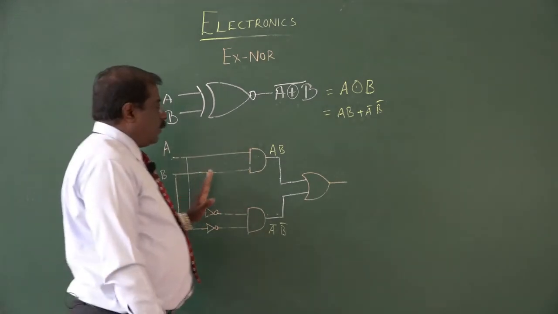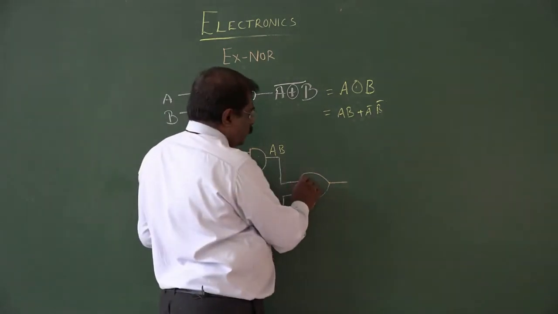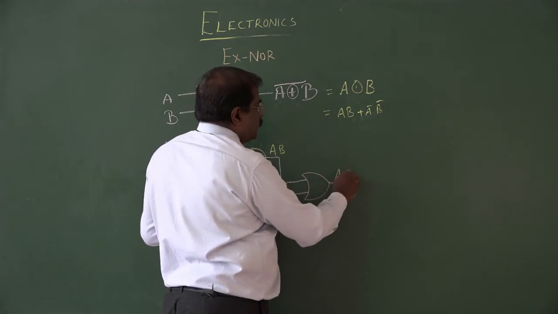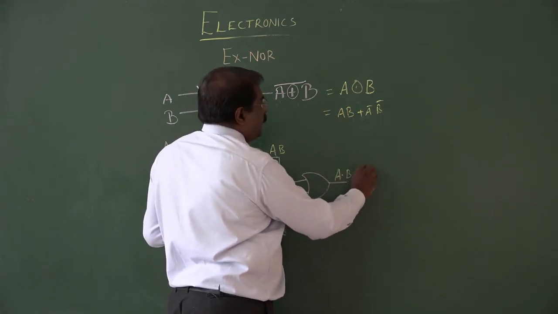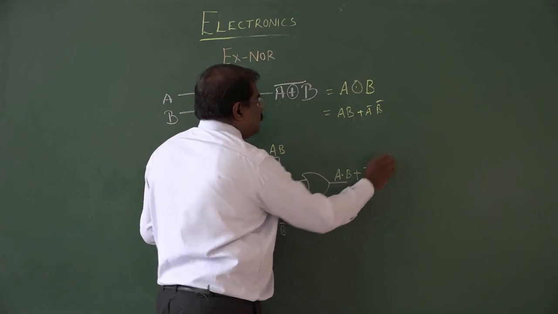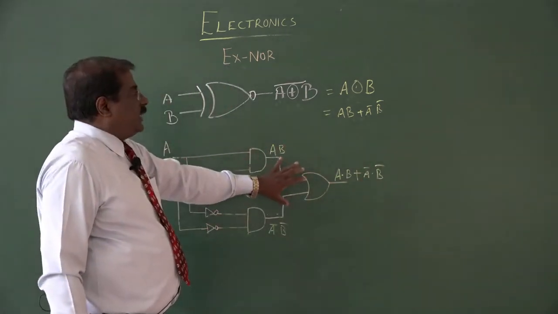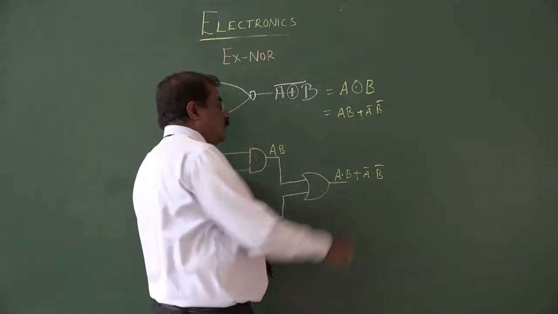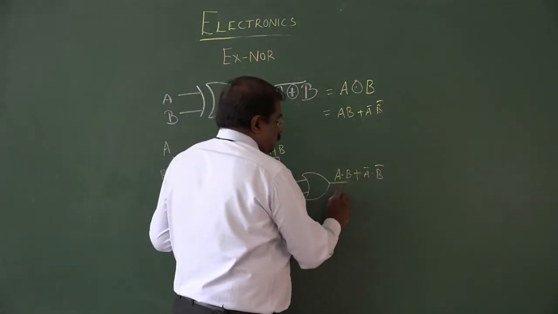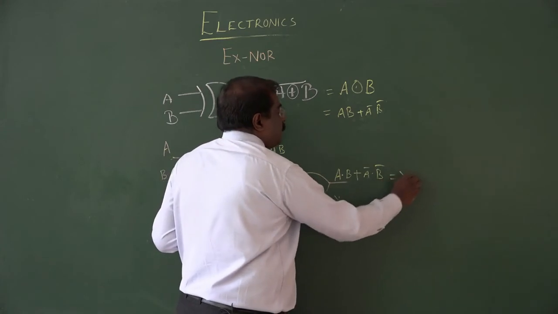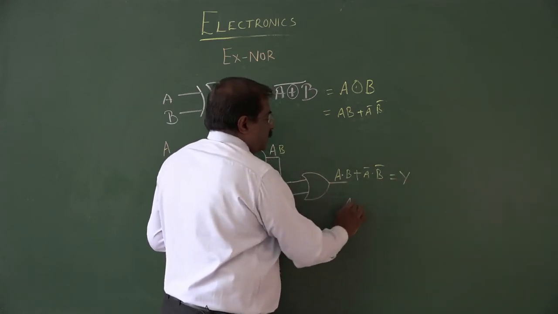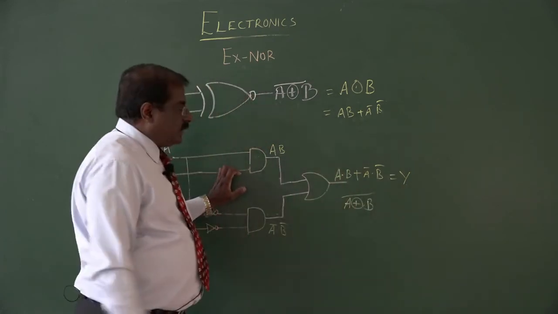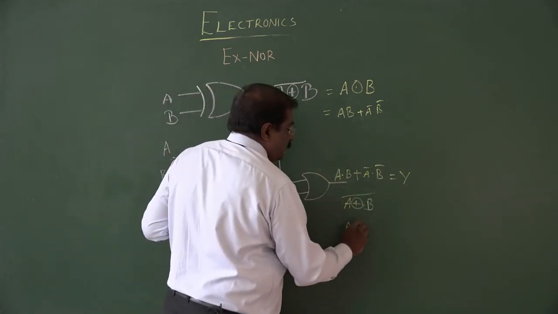Now the output we have with respect to the OR gate is A dot B plus A bar B bar. So this is the XNOR function, A dot B plus A bar B bar. This is the output of XNOR. This also can be written as A XOR B whole bar.